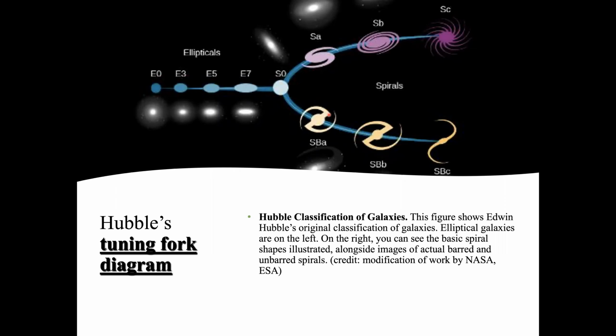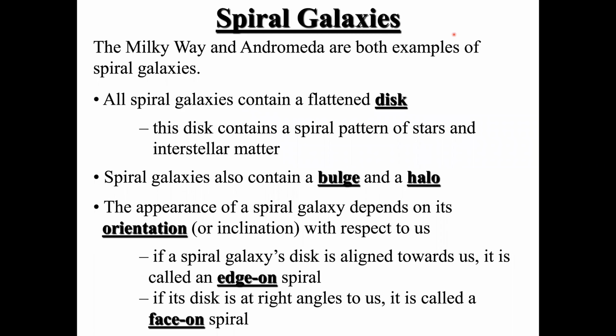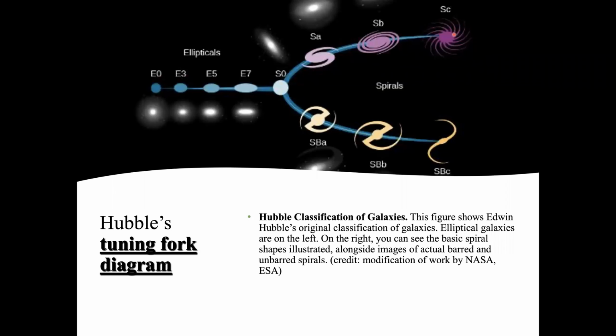Right. You can see that there is a bar-like structure right here in the lower arm, and there are no bars for these spiral galaxies. That's how you categorize the upper and lower, and then from left to right, the categories are divided based on how tightly these spiral arms are wound, right? Everything I have explained about how this categorization is done is basically written in these 2 slides.